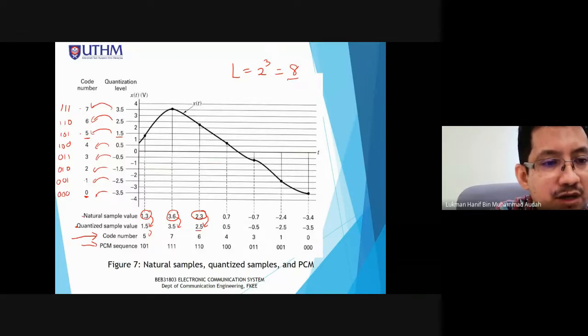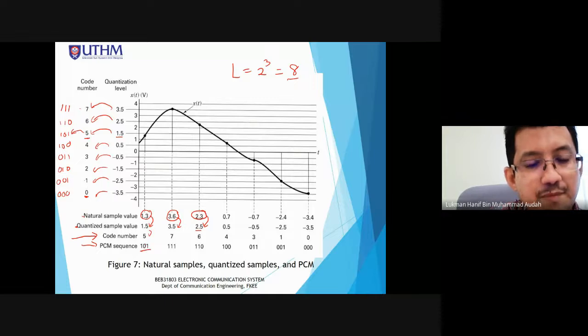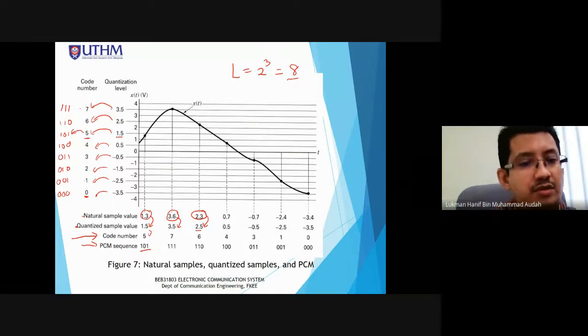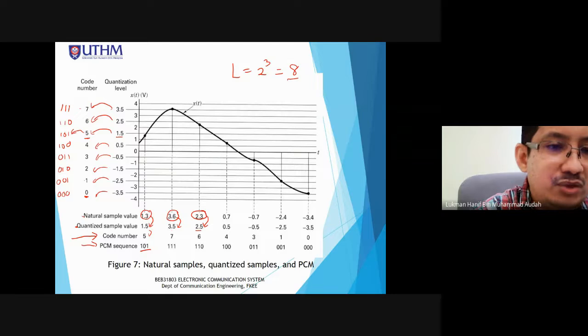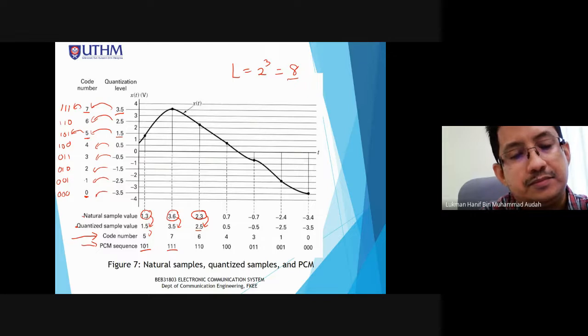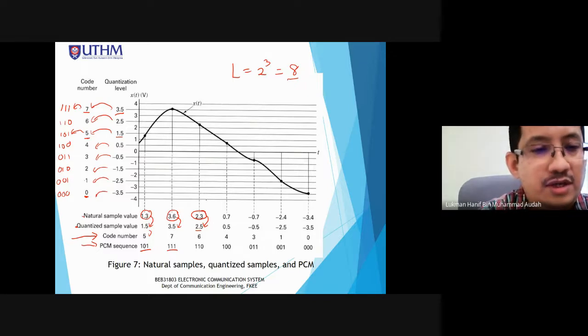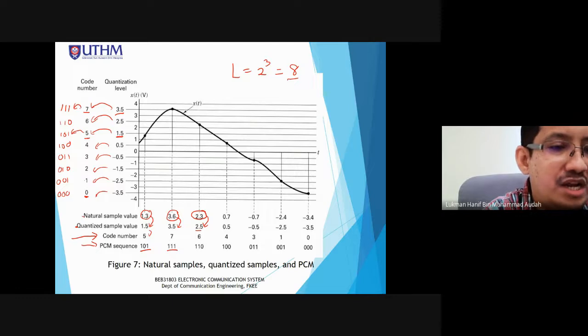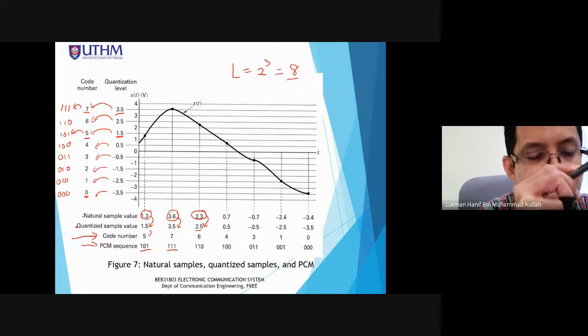So code number 5 in binary is 101. Okay, and then sample number 2, 3.5, map to code number 7. Code number 7 in binary is 111. Okay, and then sample number 3, 1.5 volt, map to code number 5. Code number 5 in binary is 101.